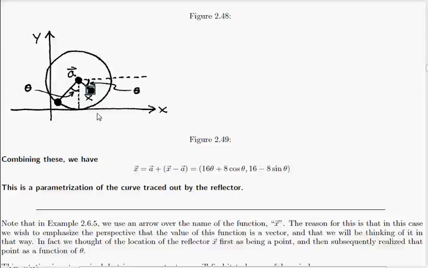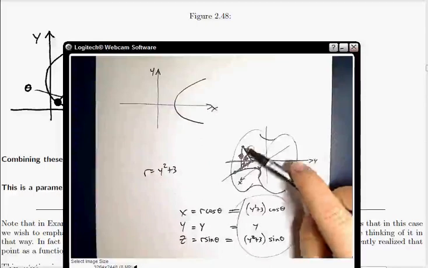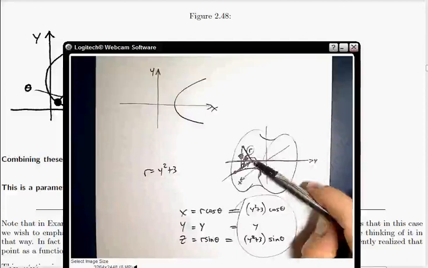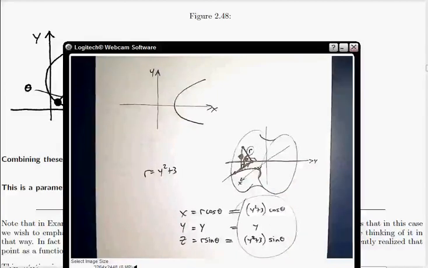There were a bunch of details involved, and I did it by adding different vectors, but ultimately I described position as a function of theta. I found some parameter that I could use to describe where I was on the curve, namely how much the wheel had rotated. Then I just calculated what position was as a function of that one parameter. And that's kind of what I did in this last example, except there were 2 parameters. But nevertheless, I looked at how I can possibly describe the position of this point. Well, I need to know the y, and I need to know the theta. And then I'd solve for x, y, and z.